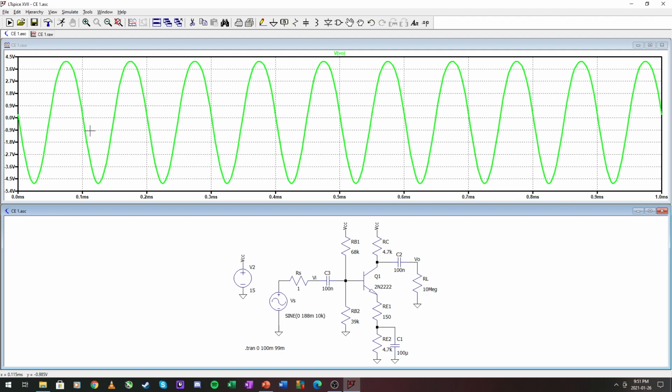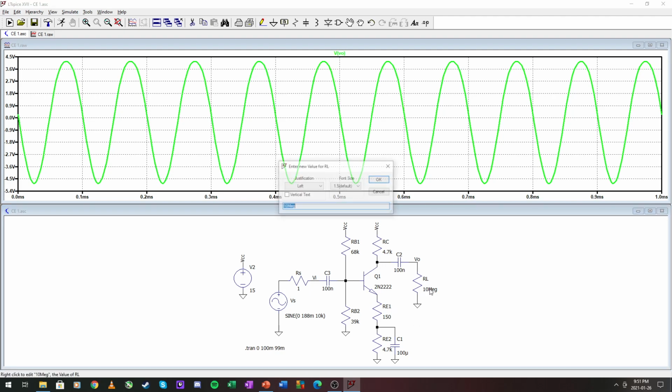So if this doesn't bother you at all as a signal, it kind of looks like a sinusoid, then there is nothing wrong with using this. The distortion in this is much less than our previous problem.